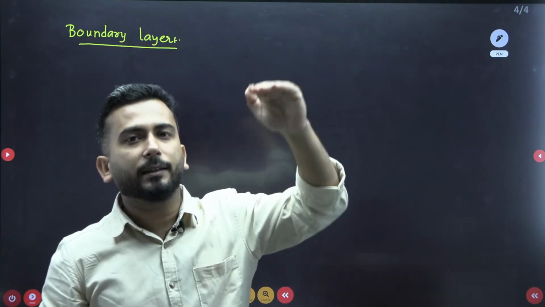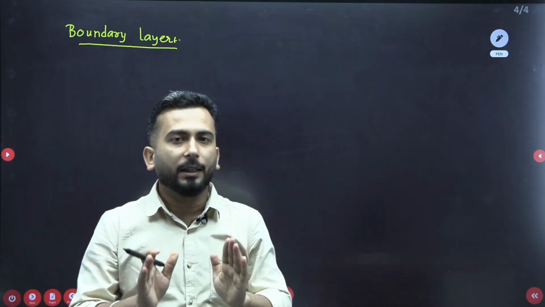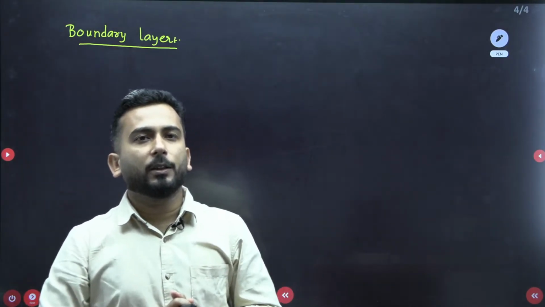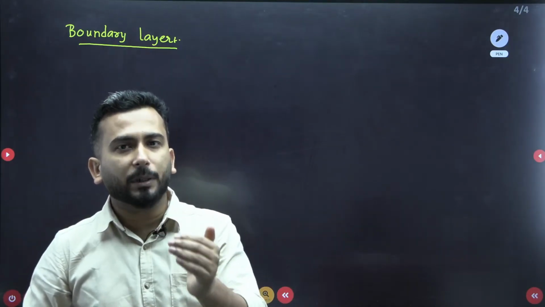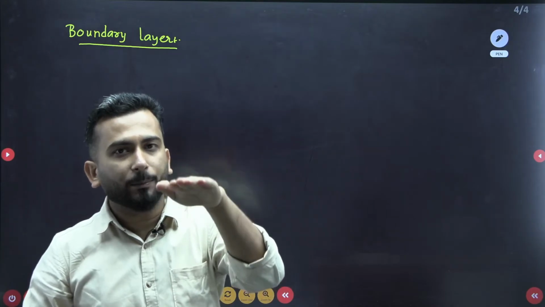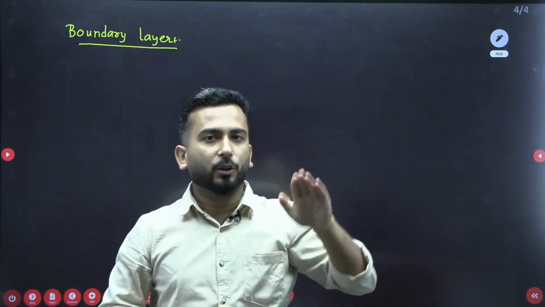And as such it results in the velocity boundary layer, or hydrodynamic boundary layer, whatever you like to say. So basically it is due to the no slip condition. The first layer got stuck and came to rest, and that is why there was the formation of the boundary layer.